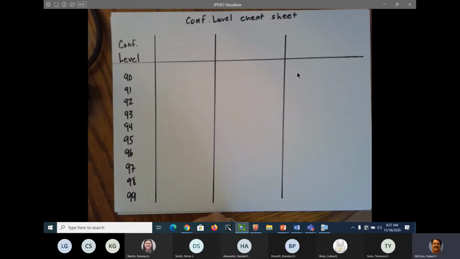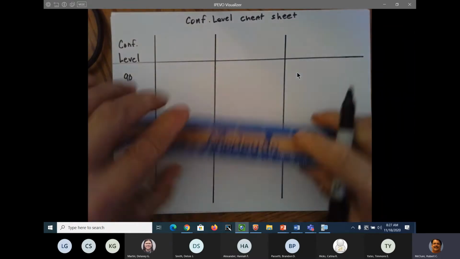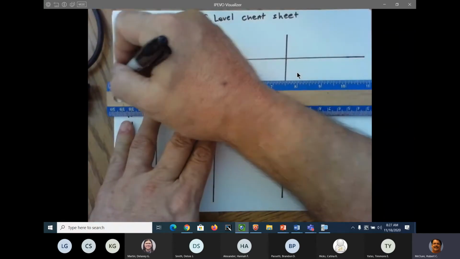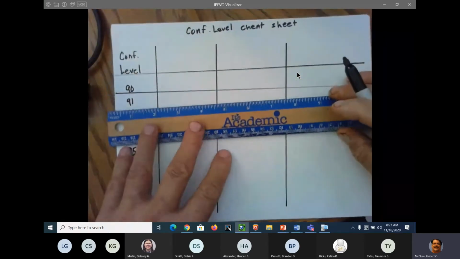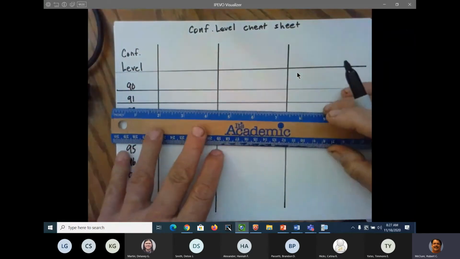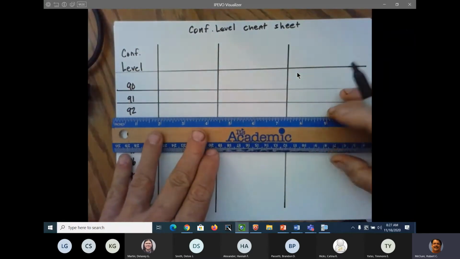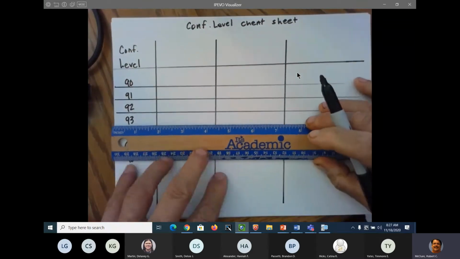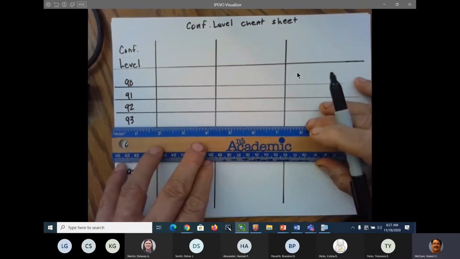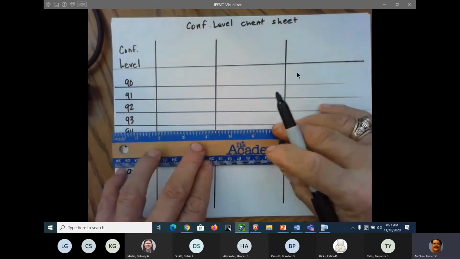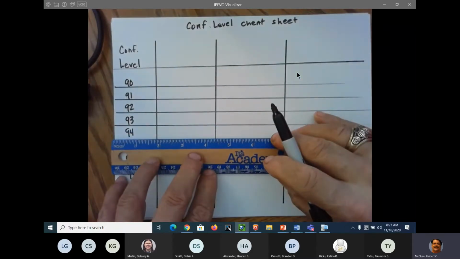Now, the good thing about having an index card is your index card has lines that go across. I don't. So it helps to have those lines because you have everything lined up. And when I draw the lines, they're all going to be crooked and look all sloppy. So y'all just have to ignore that part for the 1 or 2 people that's actually doing this.